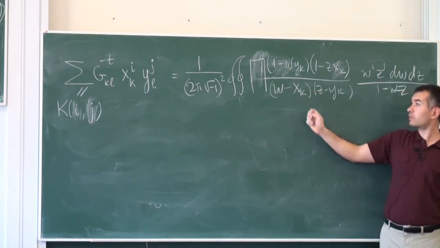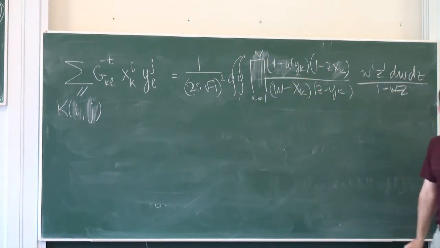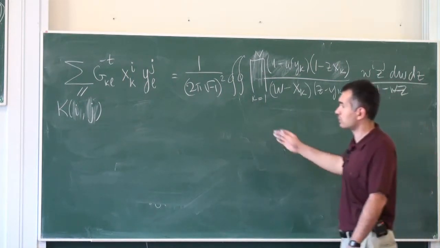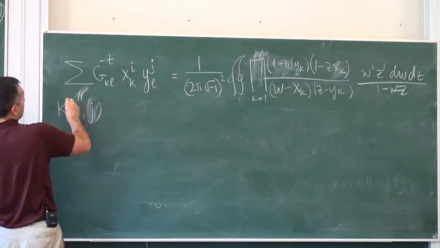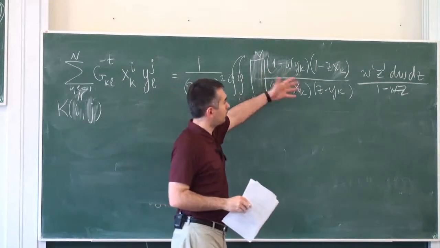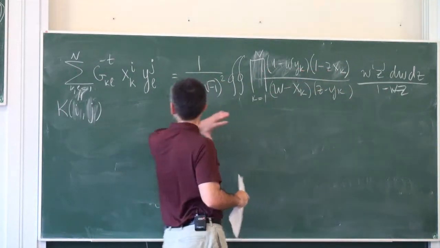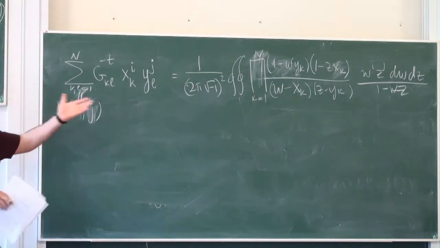Once I pick up those poles, I will have n poles in one variable and n poles in the other, so I get a sum with n squared terms, and it's exactly this one. You just evaluate the poles, and you'll see that this agrees with this formula. It's easy to evaluate the pole.